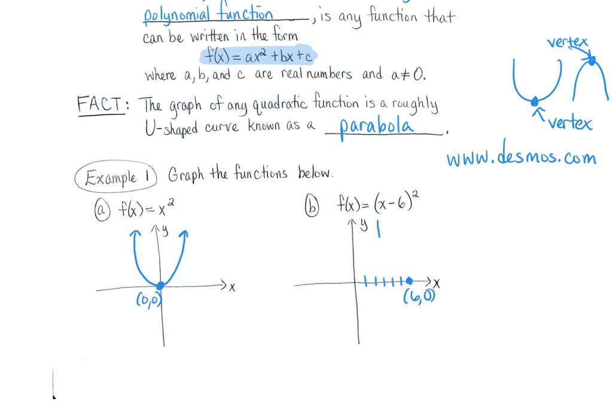And so then we have our parabola. Excellent. What happened to the graph of x squared? It moved over 6 to the right, right? So this moves x squared 6 units.